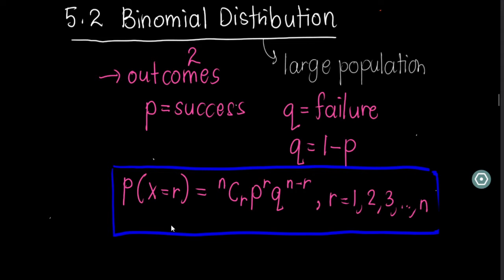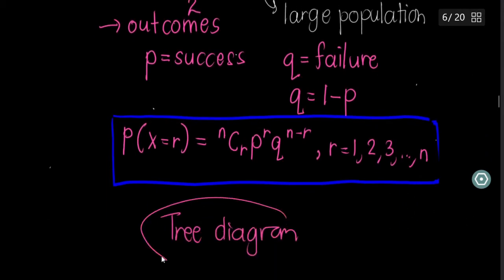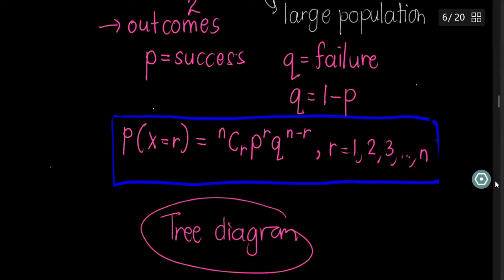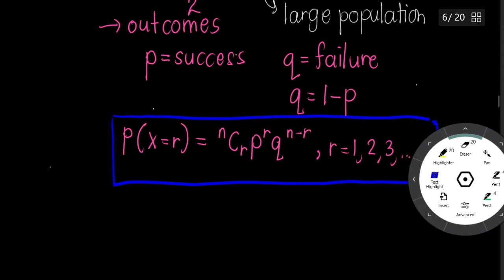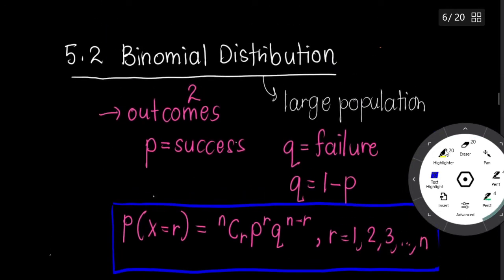Before this, if you still remember, whenever you did an experiment, you used a tree diagram, isn't it? Now in this part onwards, you will not be able to use a tree diagram anymore because the calculations all have a larger size. The large size is going to be your n. n is going to be the size.